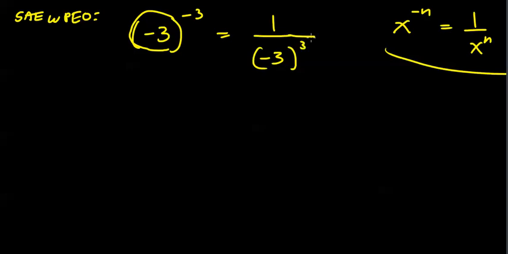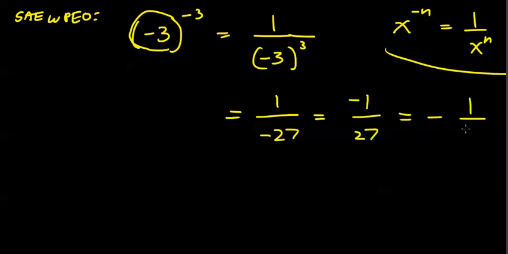And I can simplify this further. 1 over minus 3 cubed in the denominator, well, negative 3 times negative 3 times negative 3 is negative 27. And of course I can absorb this negative sign in one of 3 ways. I can absorb it either in numerator or denominator, or equivalently move it outside the quotient process and call this negative 1/27.